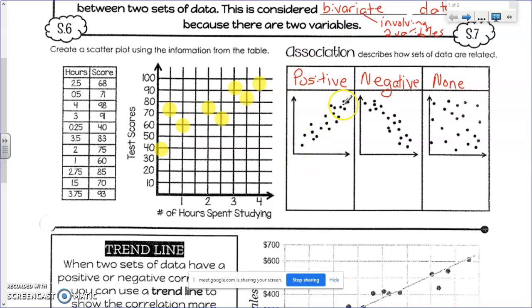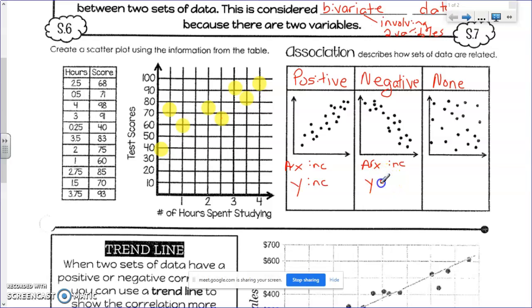In this case, as x increases, so it goes to the right, y is also increasing. As x is getting bigger, y is getting bigger. Here, as x is increasing, always read left to right, remember, on our graphs, y is going down.